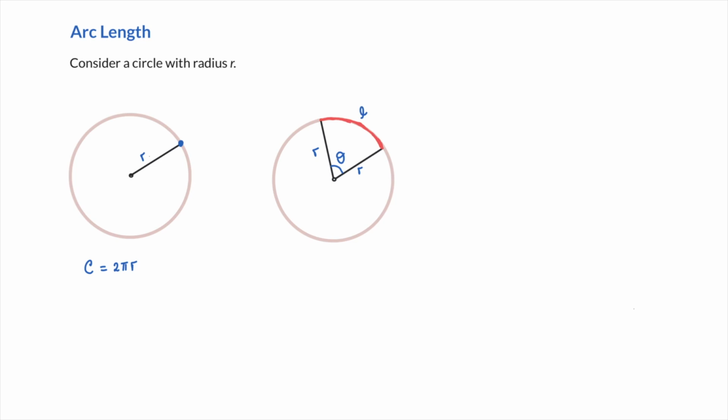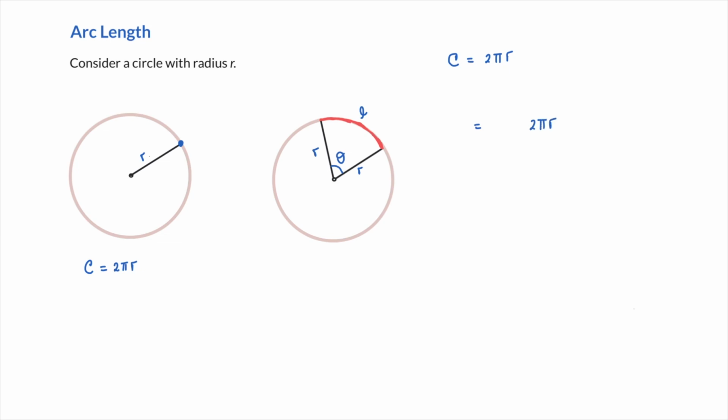So now we're going to start like this. Circumference is equal to 2 pi r. Okay, but this gives you the circumference of the entire circle. I don't want that. I only want to find l, the arc length of this piece of the circle. So in order to do that, I'm going to use 2 pi r.